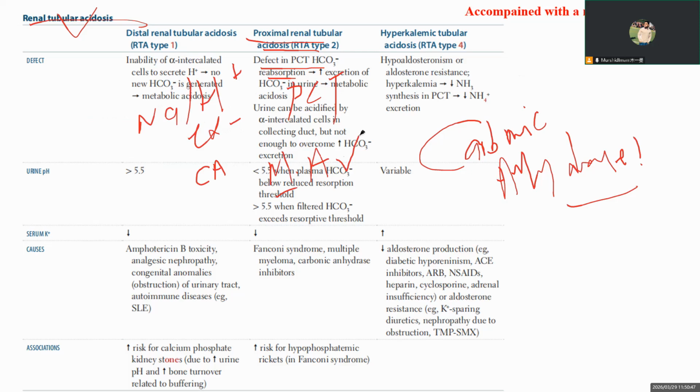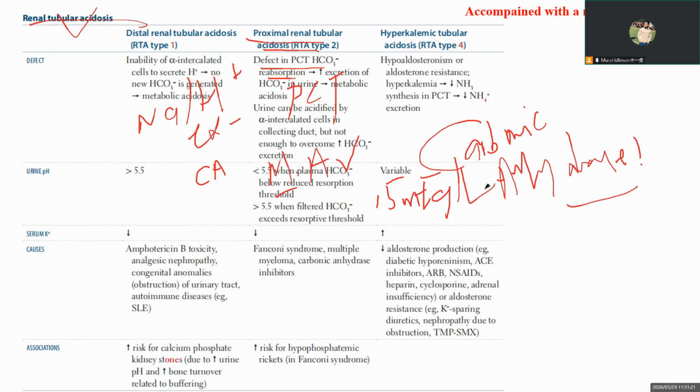Some of the key diagnostic norms you can remember: what happens to the urine pH? This is where it actually gets interesting, and it's one of the common sources of confusion, so let me walk you through it. Imagine we have a patient with type 2 RTA, and their blood bicarbonate level is low, say only 15 milliequivalents per liter. The patient has lower bicarbonate, but their PCT can still reabsorb bicarbonate up to a certain reduced threshold.